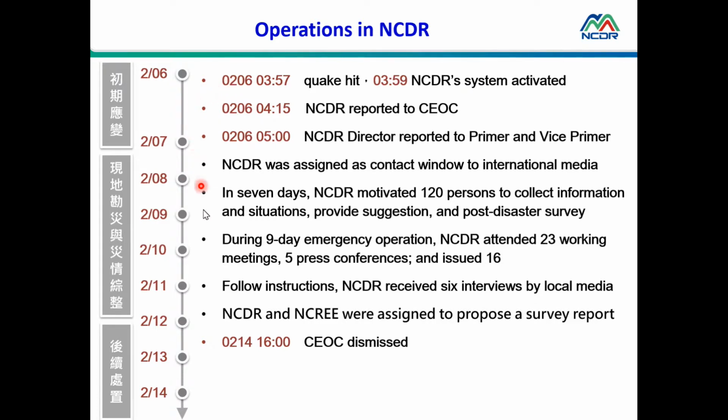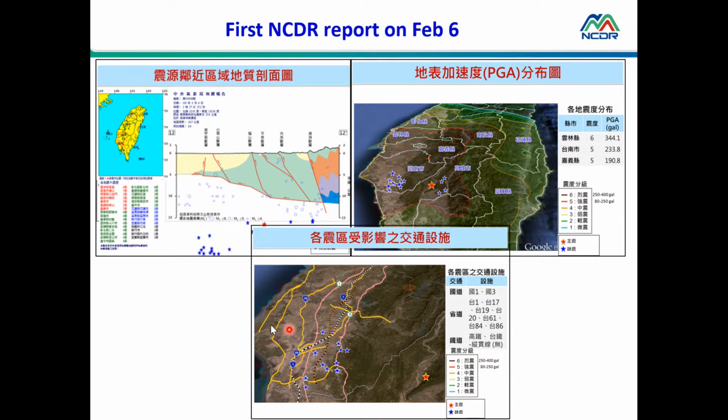Immediately, we produced a lot of information to help operations in the EOC. I will show you how we produced slides to help my colleagues who first reported back to the office. These 3 slides I just picked from our first report.